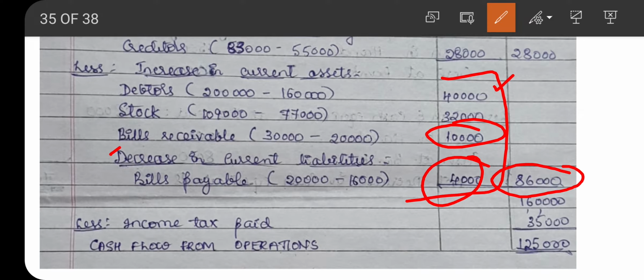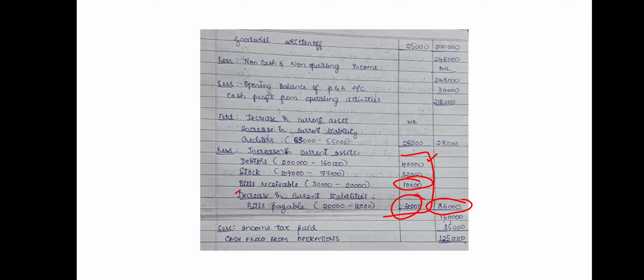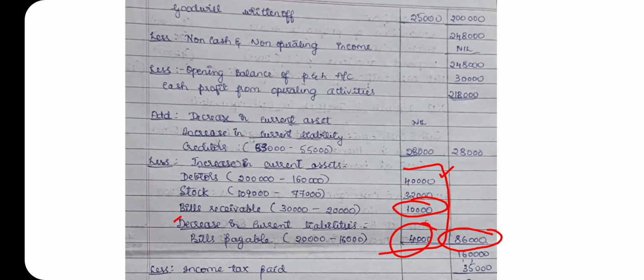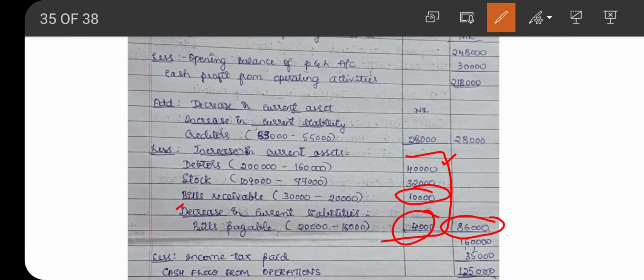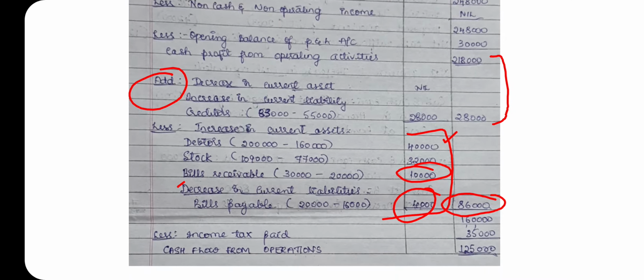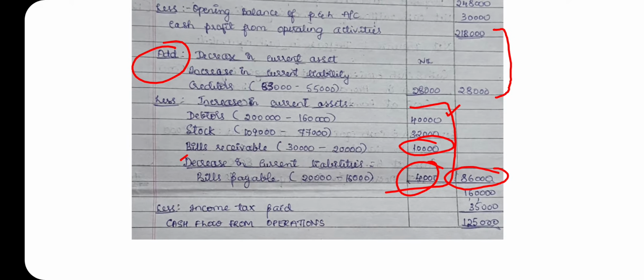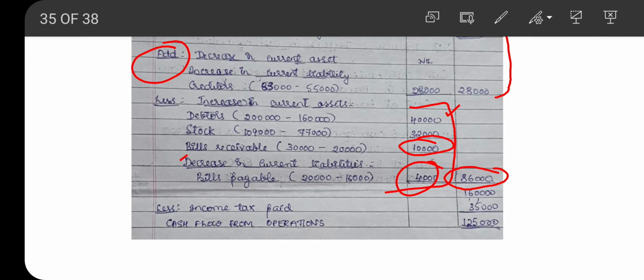So 2,18,000 plus 28,000 less 86,000 comes to 1,60,000. Less income tax paid.